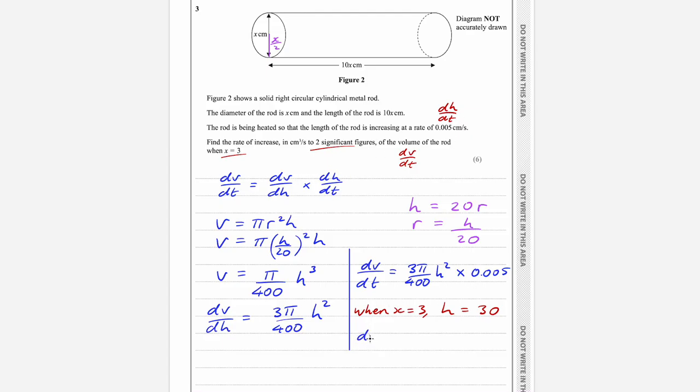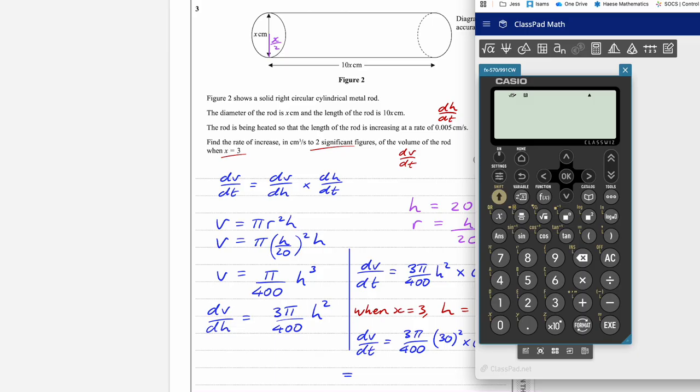So now I can say dV/dt is equal to 3 pi over 400 times h squared, which is 30 squared, times 0.005.